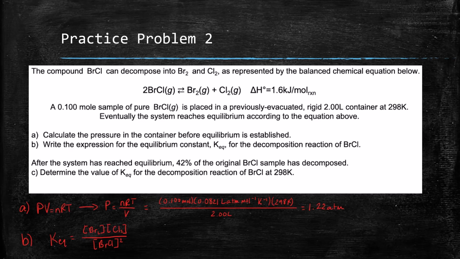Now, the second part of this is a little bit trickier. It says, after the system has reached equilibrium, 42% of the original BrCl sample has decomposed. So now, how do we go about doing this? Well, again, if we're trying to calculate the equilibrium constant, we're going to do an ICE table like we did in the previous slide.